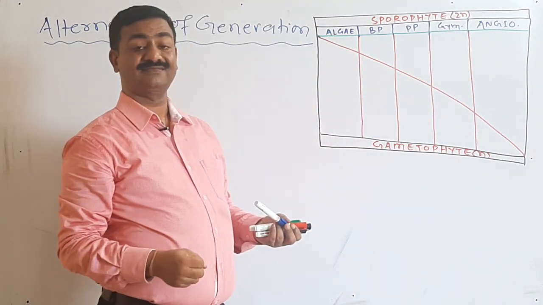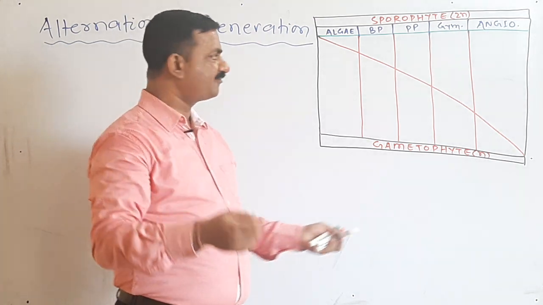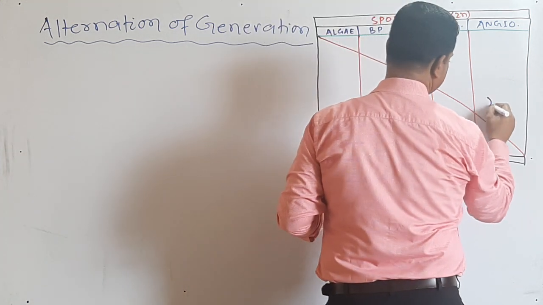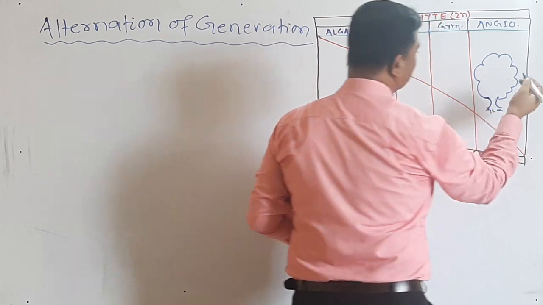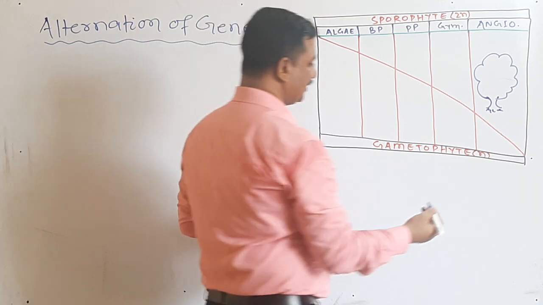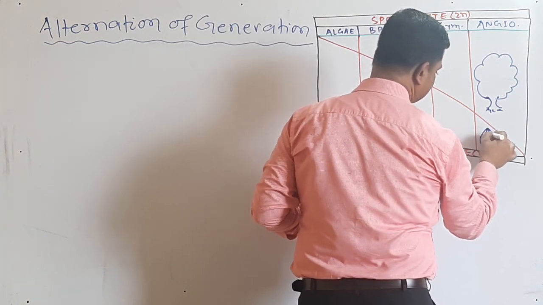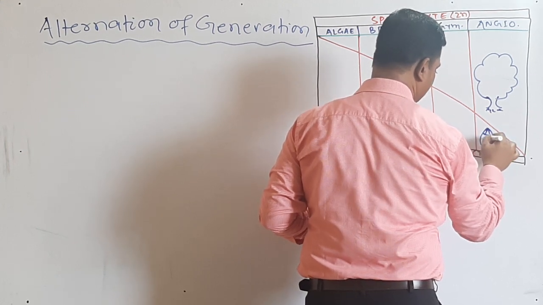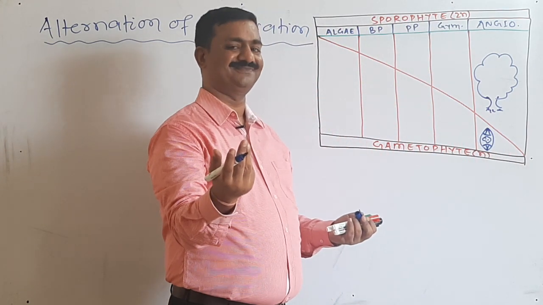So a question will ask, can you quote an example of a very advanced sporophytic plant body? Of course, it's angiosperm. Remember, if you are talking about a mango, this is the mango sporophyte, the main plant body. Similarly, if you are talking about the embryo sac, the gametophyte, it is a few-celled structure. Remember, you all know that it is a very few-celled structure.